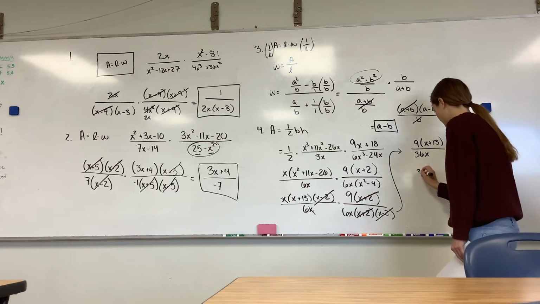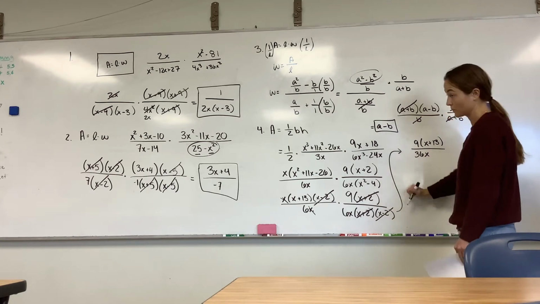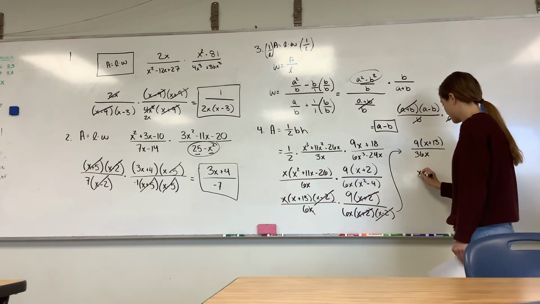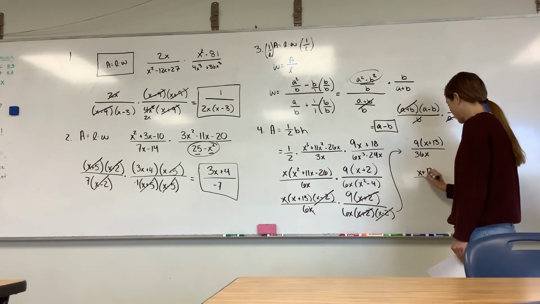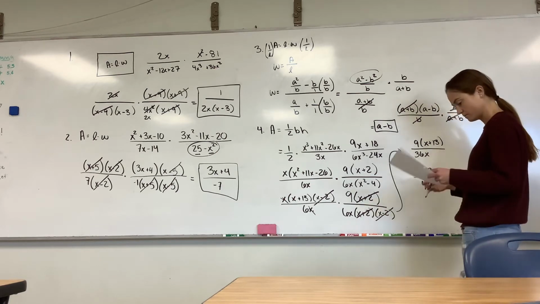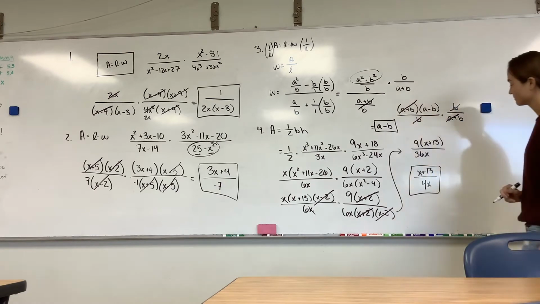Oh, they're both divisible by 9. So let's do that, because that seems way more efficient. If I divide both by 9, I get x plus 13 over 36 divided by 9 is 4x. Nice.